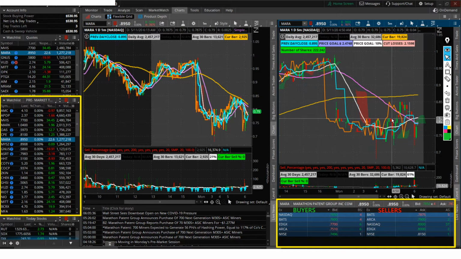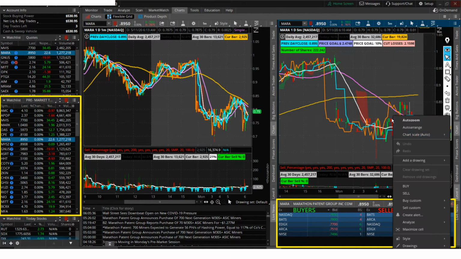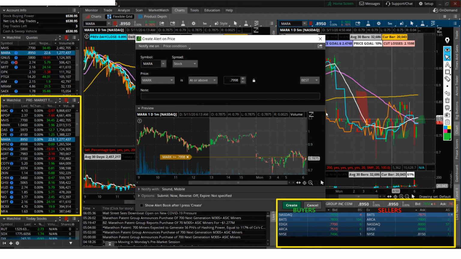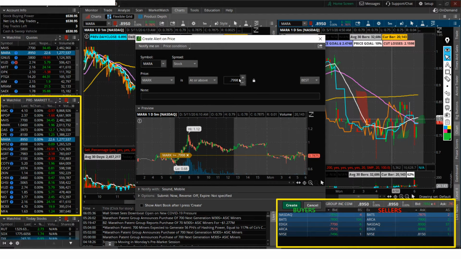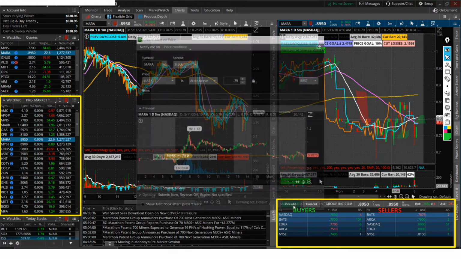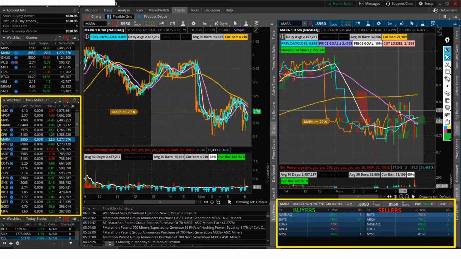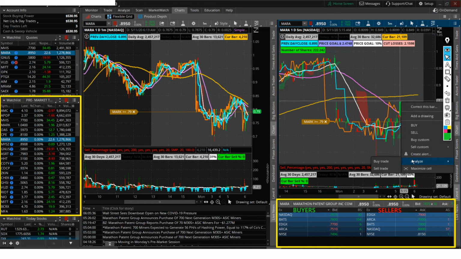So we would create an alert right here at 79 cents. I'm going to create 2 alerts, one right there at 79 cents, and the other one right here at 85 cents.